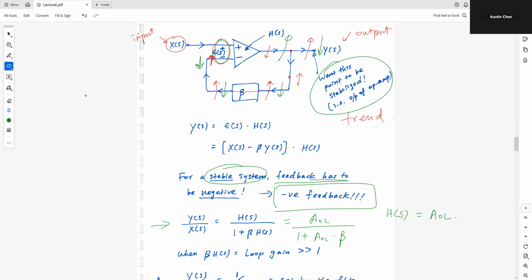Now I'm going to make a very important observation and also assumption, which is if my loop gain, remember this term here is my loop gain, is much, much larger than 1.